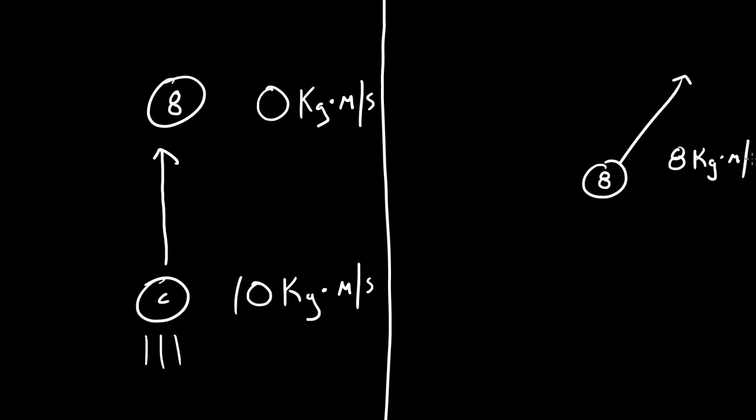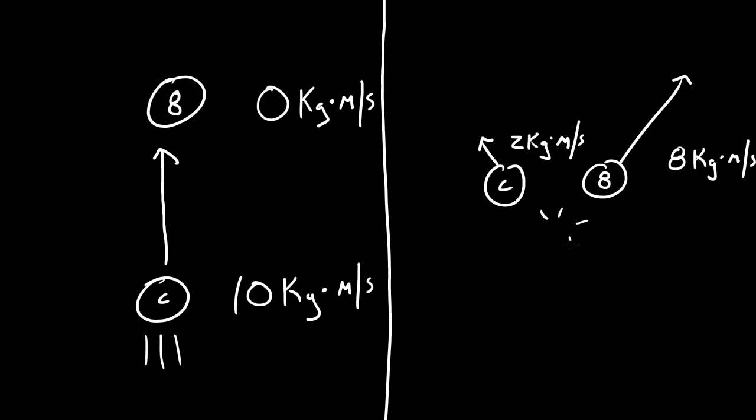kilograms times meter per second, and we'll say the cue ball, that C's a little too big, let me draw my ball first. The cue ball goes in this direction, and usually the cue ball ends up slower than the ball it hit. We'll say that this has a momentum of 2 kilograms times meter per second.